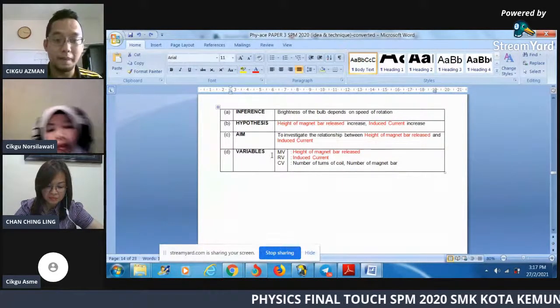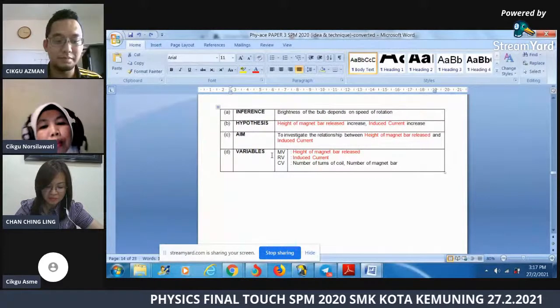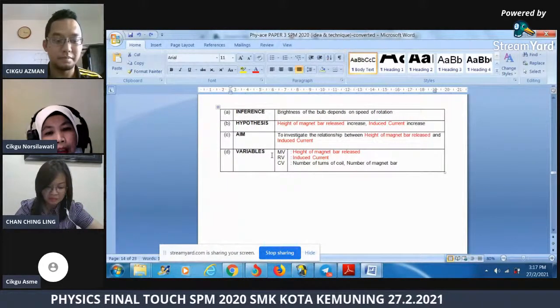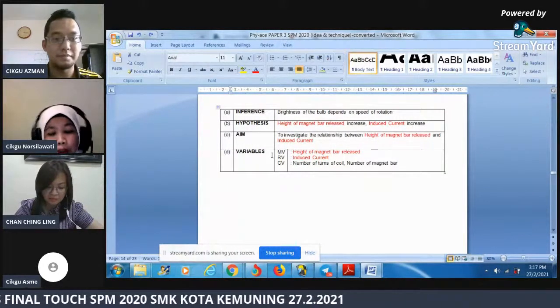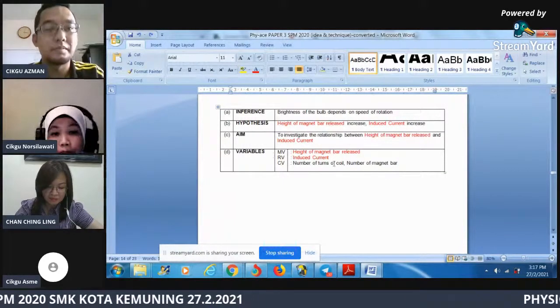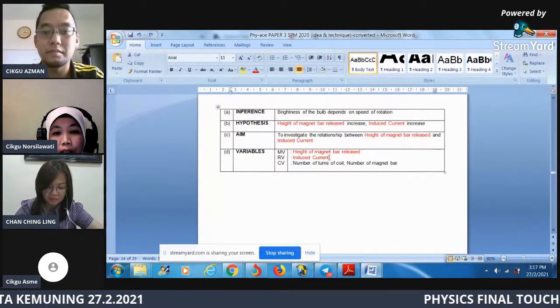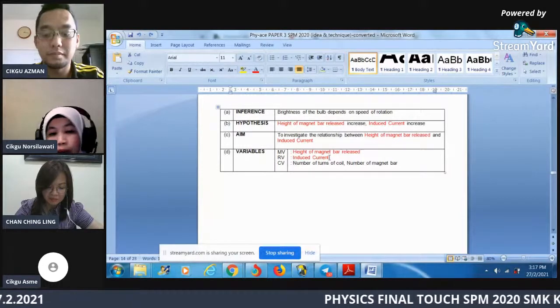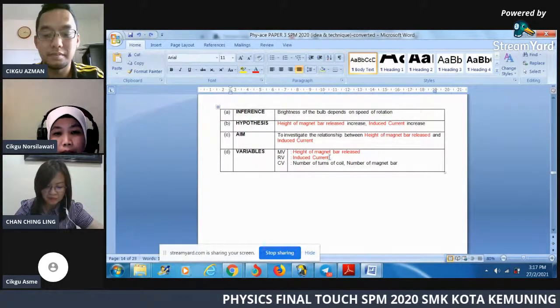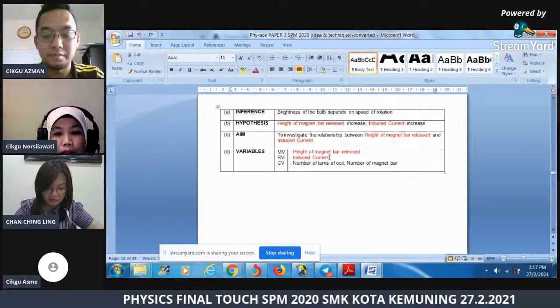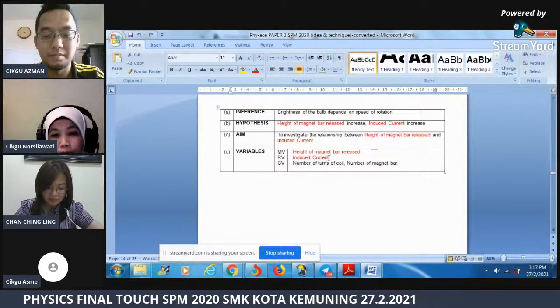And then the variables. Manipulated variable: height of magnet bar released. You can also put the unit, centimeter. Responding variable: induced current. You can also put a unit, ampere, for example, or just write induced current only.